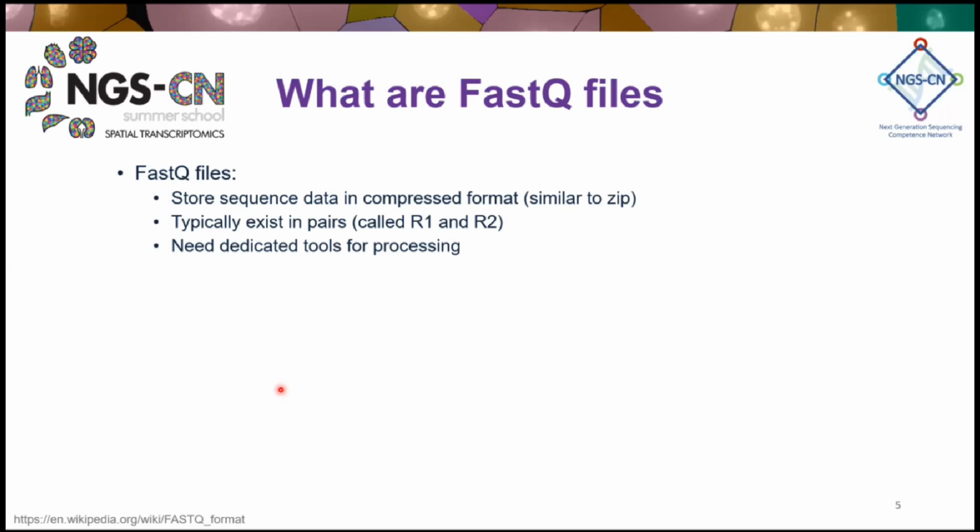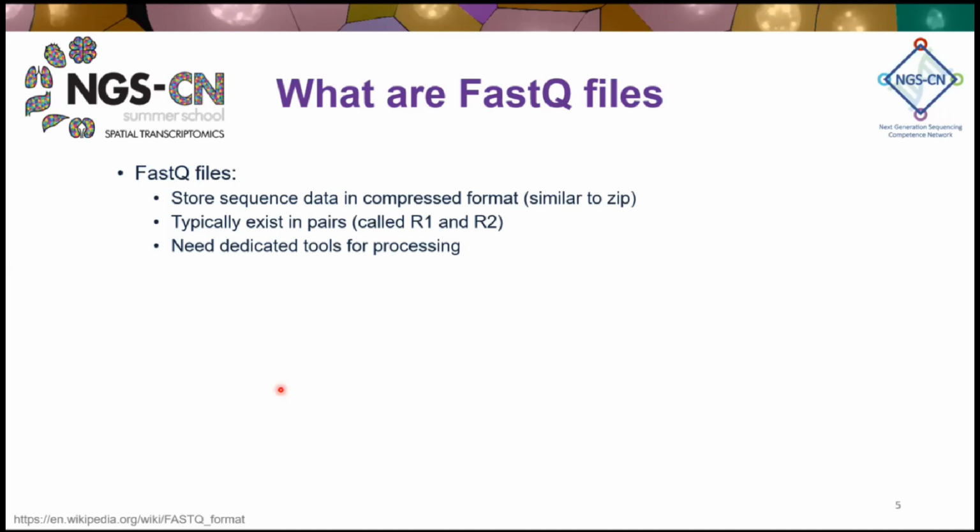Typically, the size of a FASTQ file ranges from 2 gigabases to, let's say, 100 or 200 gigabases, and it gets really quick: you will spend a lot of your disk space in your directory. FASTQ files often come in pairs, so for each data set, you have two FASTQ files, a file called R1 and a file called R2.